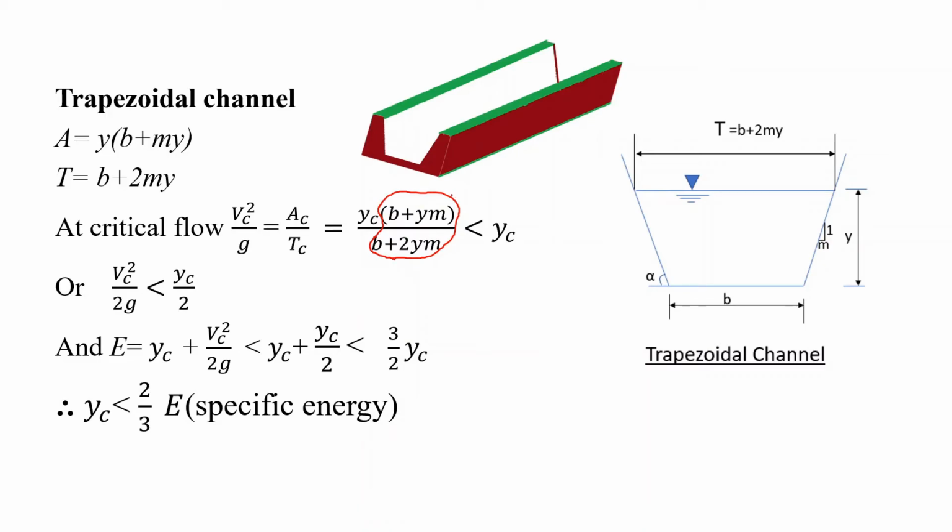We know this term will be less than 1, so Vc square by G will be less than Yc, or Vc square by 2G will be less than Yc by 2. And E is equal to Yc plus Vc square by 2G, which should be less than Yc plus Yc by 2, which is 3 by 2 into Yc, or Yc will be greater than 2 by 3 E, where E is the specific energy.